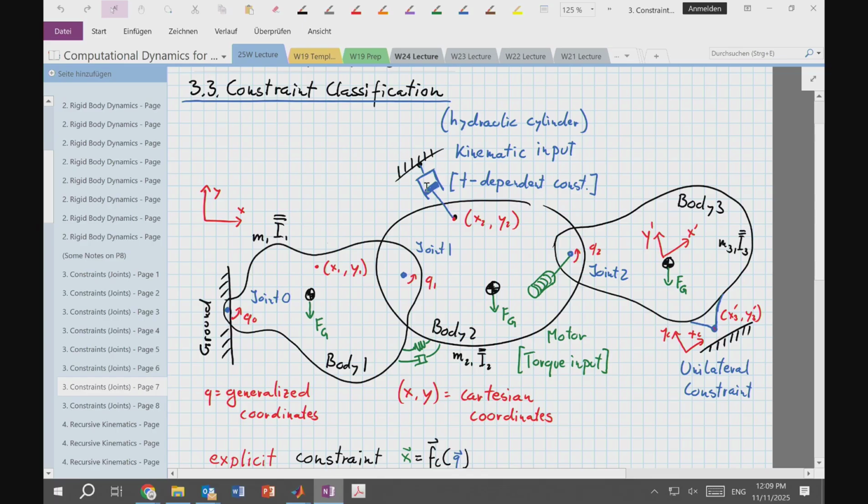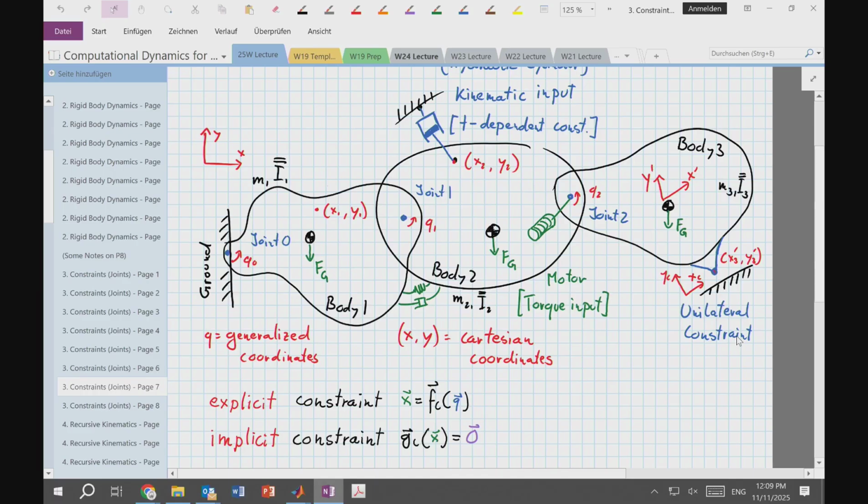And then we had this interesting time-dependent input. And we have here a unilateral constraint where we said that this point can move freely in space but cannot go through that wall. And I now want to classify the constraints that we see in this image.